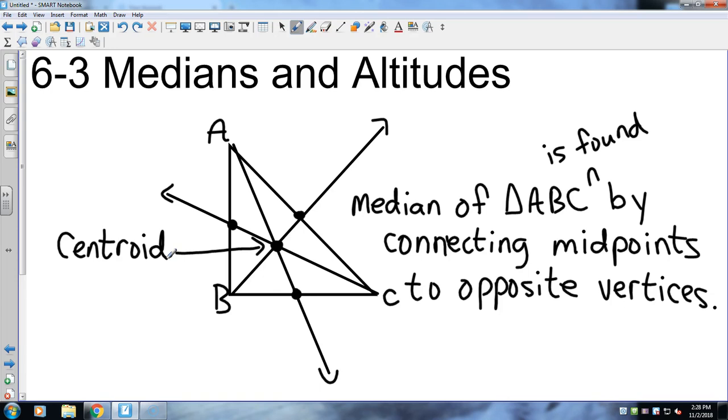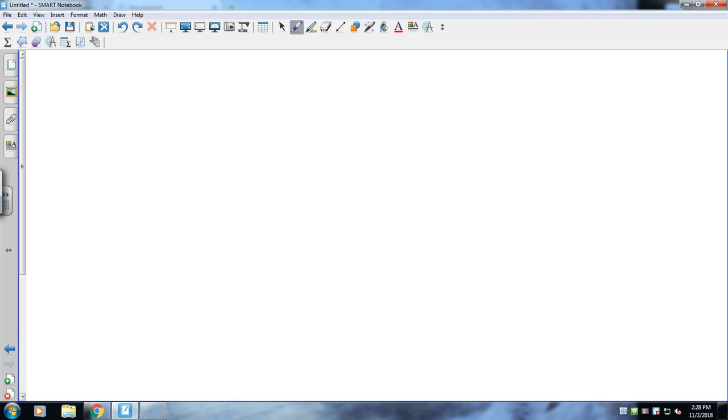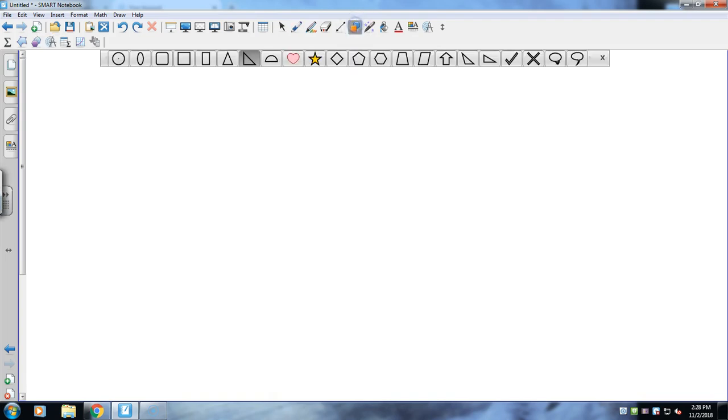So now let's take a look at altitudes. And remember that altitudes are drawn perpendicularly because they are a height.